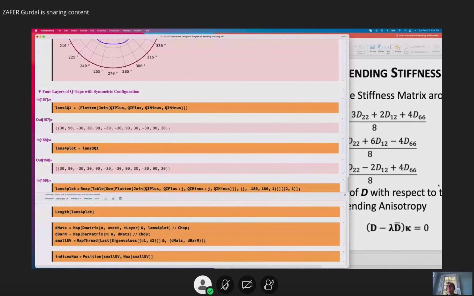Let me see if I have a figure of this particular construction. I don't have a figure for that laminate.